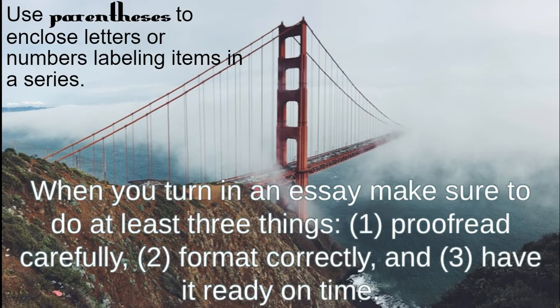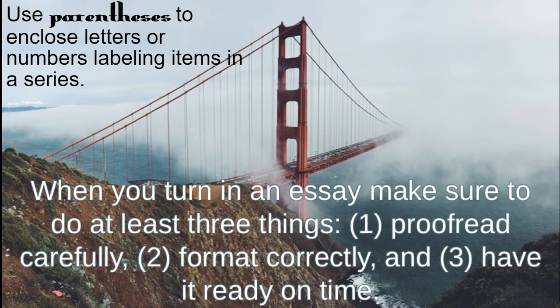All right. We can also use them, and these are in, again, I'll remind you, formal writing, whenever you're labeling items in a series. When you turn in an essay, make sure to do at least 3 things: (1) proofread carefully, (2) format carefully, and (3) have it ready on time.